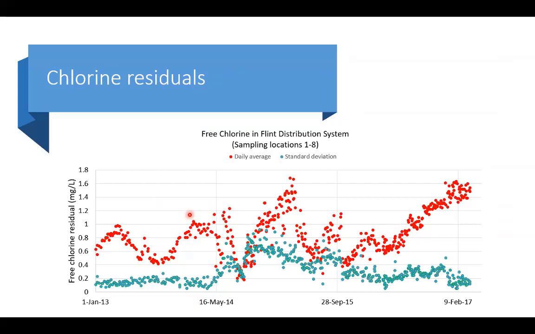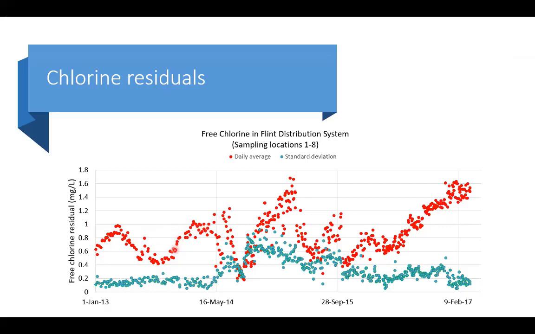We can also look at this in terms of the free chlorine levels. There were 8 sampling locations in the distribution system, roughly here, where they switch from purchasing water from Detroit Water and Sewer to treating water in Flint and then distributing that. And what you see is fairly consistent levels. This is the standard deviation, a fairly low standard deviation within these 8 monitoring stations.